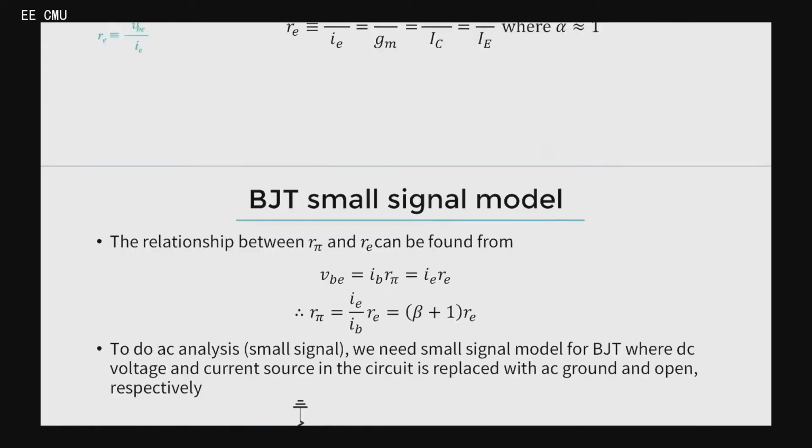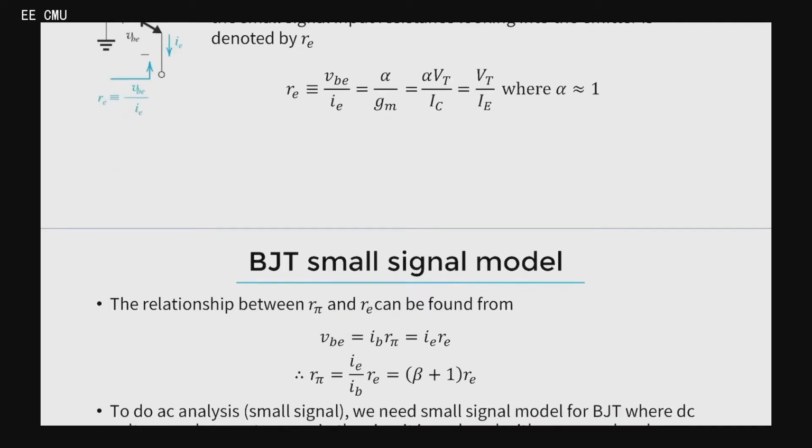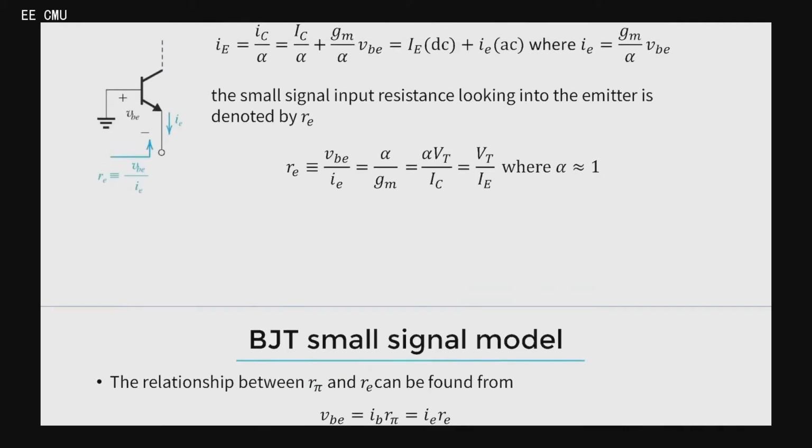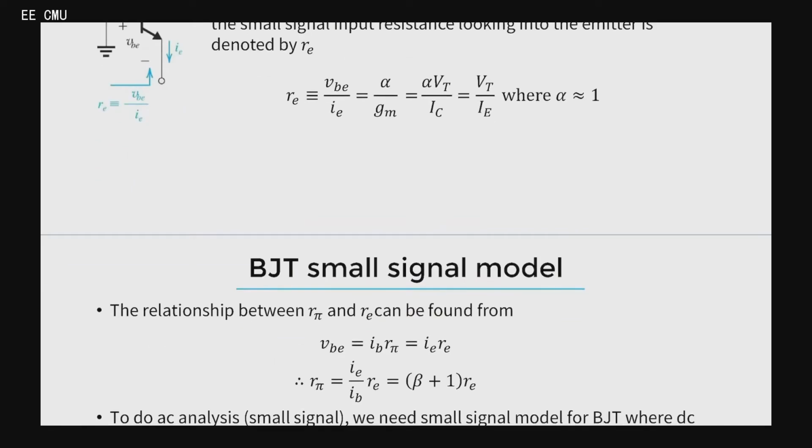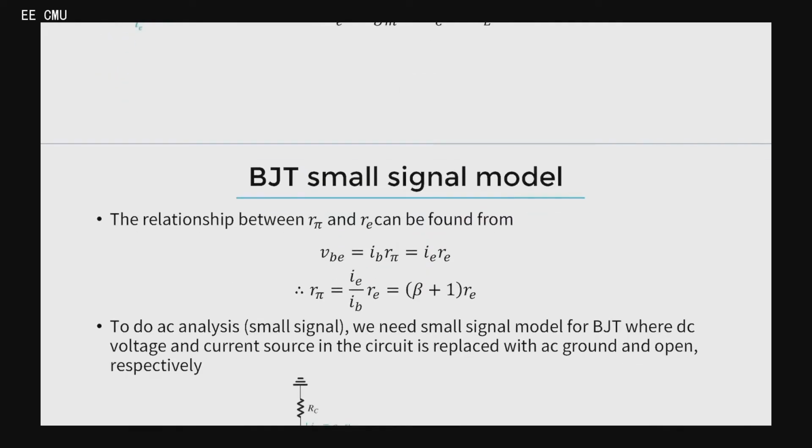And from this R, it will be related, right? Related through what? Because this VBE has the same value, right? It means VBE is equal to IE times RE, and also equal to IB times RPI, which is at the base pin. After that, rearranging the terms, you can see that RPI is equal to IE divided by IB, then multiplied by RE.